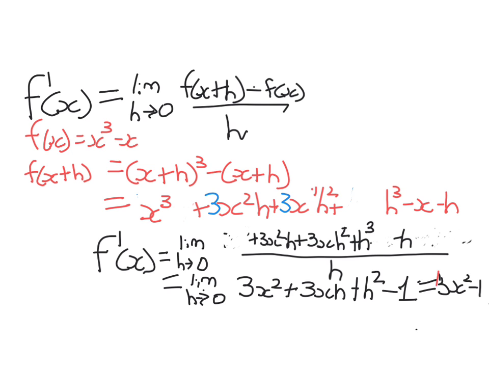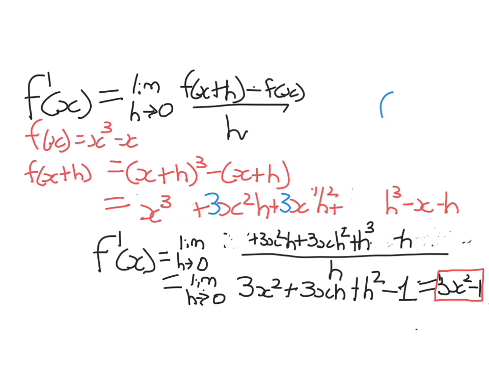This derivative here is a function itself. When you differentiate this function, we got another function. This is the gradient function, and you substitute in values of x, and it will tell you the gradient at that point.